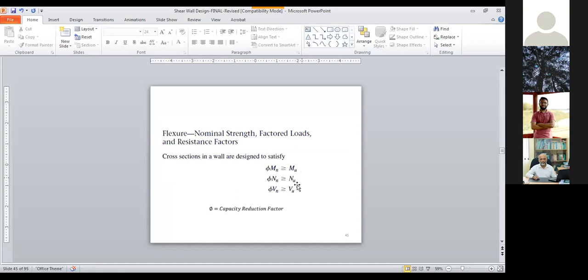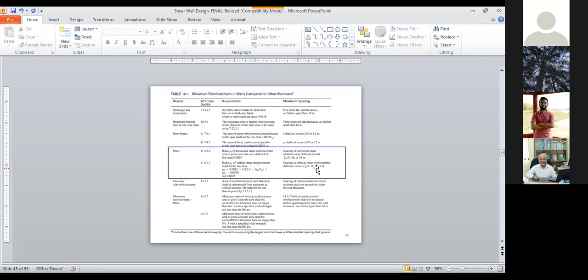So your capacity of the section should be greater than your required moment, required shear force, and required normal force. Normally, you have seen this equation. I believe that when we talked about the reinforced concrete design classes, we already talked about it.